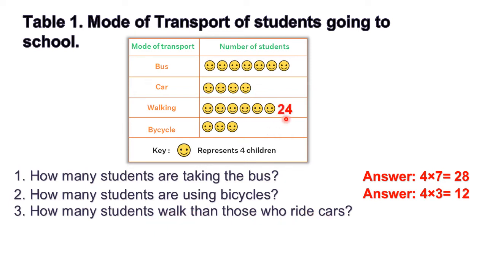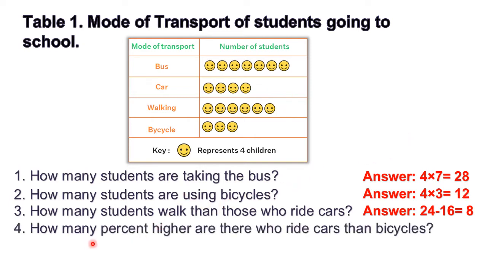So we have walking: 4 times 6 is 24. And cars, we have 4 times 4, which will give us 16. How many more students walk than those who ride cars? What will we do? 24 minus 16. So our answer is 8. Okay, very good if you have the same answer.